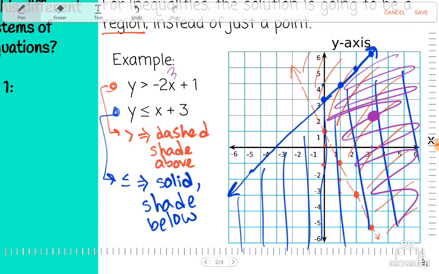If I plug in 3 for x and 2 for y in both of the inequalities, I'm going to get something that's true. The first one would say 2 is greater than -2 times 3, which is -6, plus 1 is -5, so that's true. This one would say 2 is less than or equal to 3 plus 3, which is 6, so that's true. So picking a point makes both of the inequalities true.